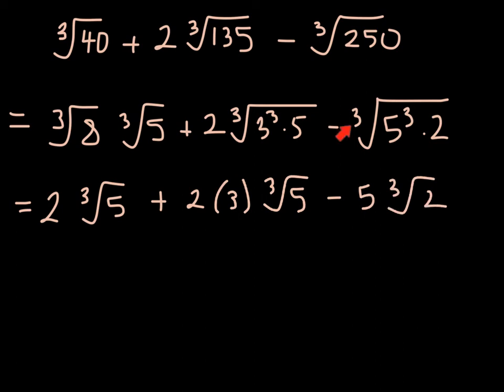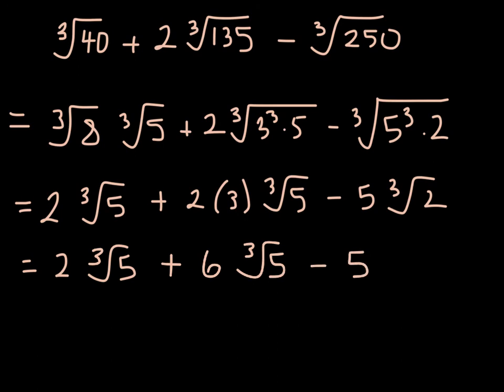Again, the cube root and the third power cancel. So then we have 2 times the cube root of 5. Now, I think that looks sloppy, so let me make sure that looks like a 3 there. Better. Plus 6 times the cube root of 5 minus 5 times the cube root of 2.